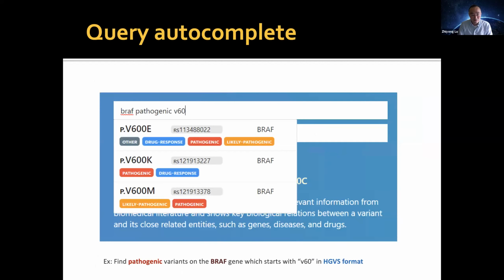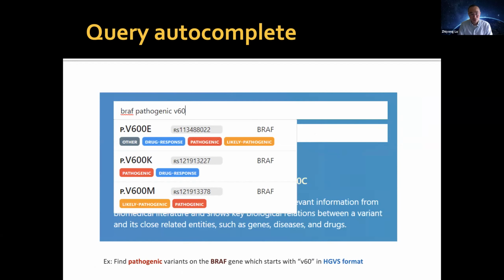And also we have improved our search box to enable query autocomplete. This is a feature users are used to in general search engines. Also, from our work with PubMed search, we know that PubMed users will like this as well.